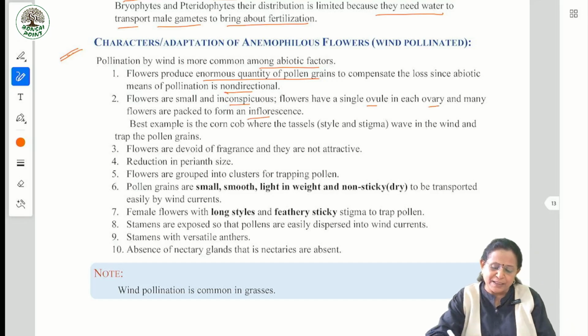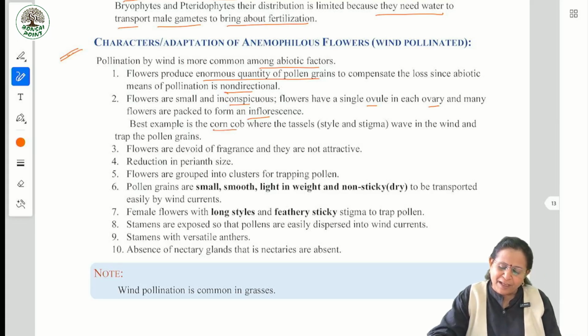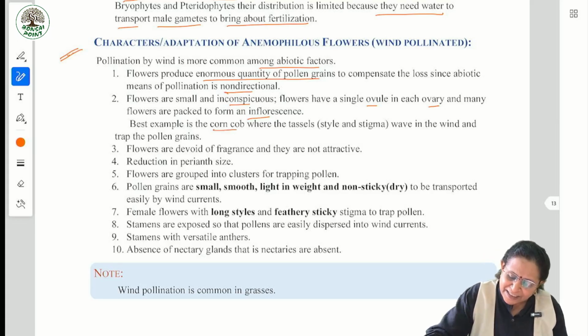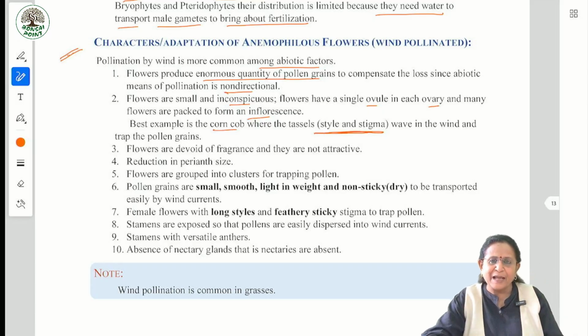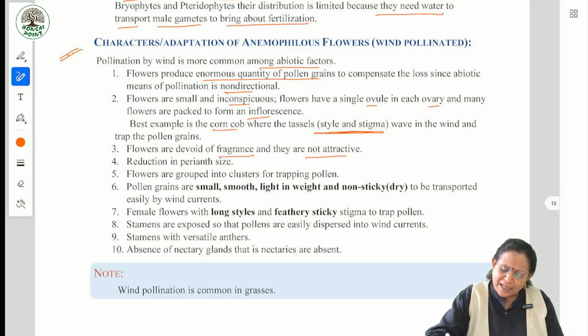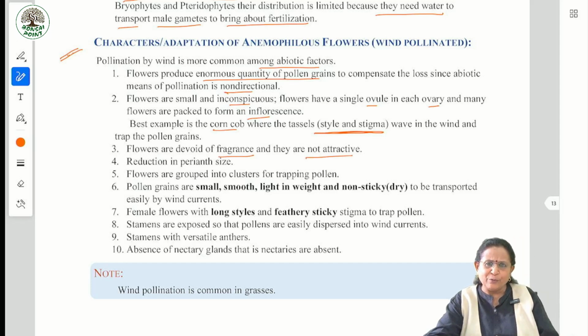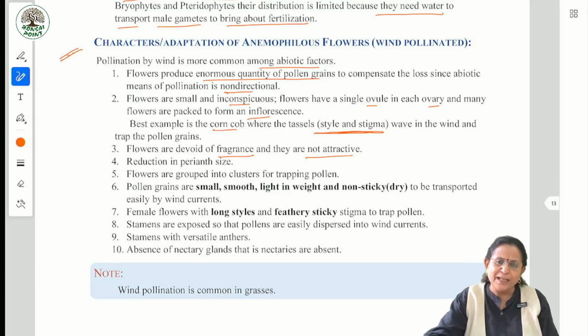The best example is the corn cob, where the tassels, that is the style and stigma, wave in the wind and trap the pollen grains. Flowers are devoid of fragrance and they are not attractive. Why should they be attractive? It is only the wind that is carrying the pollen grains.